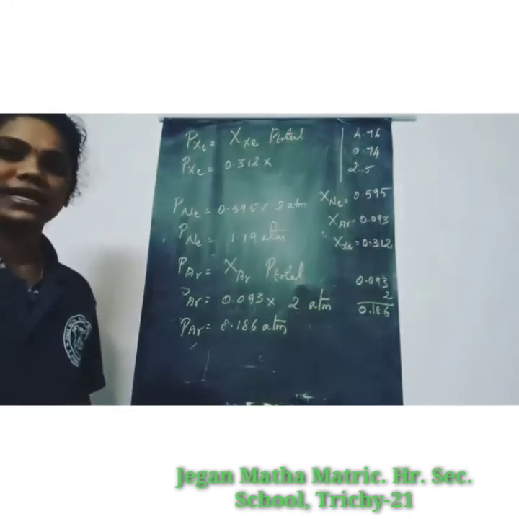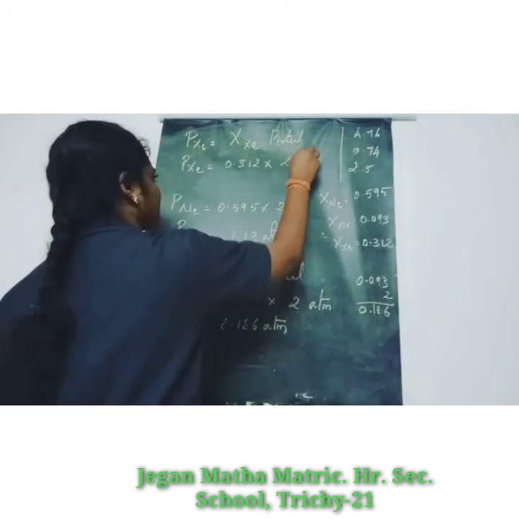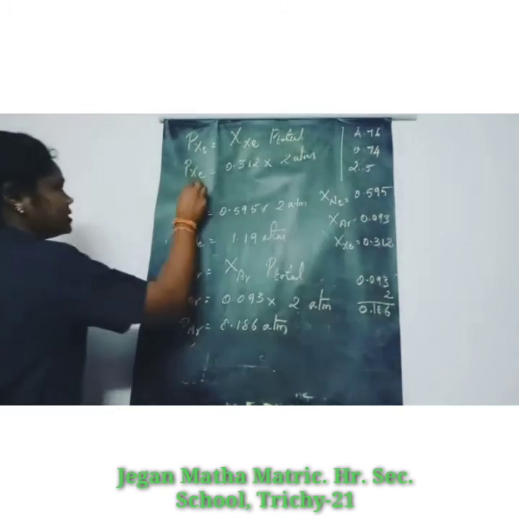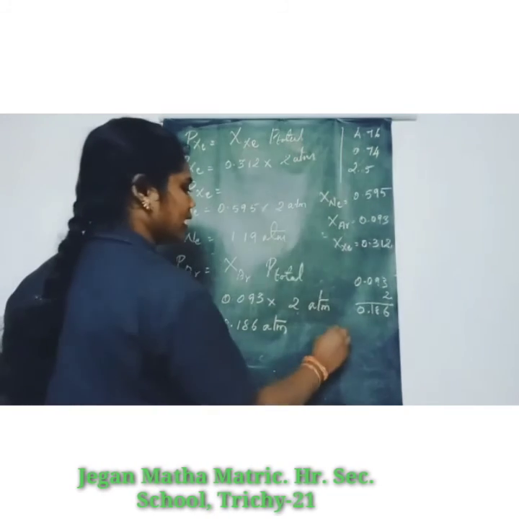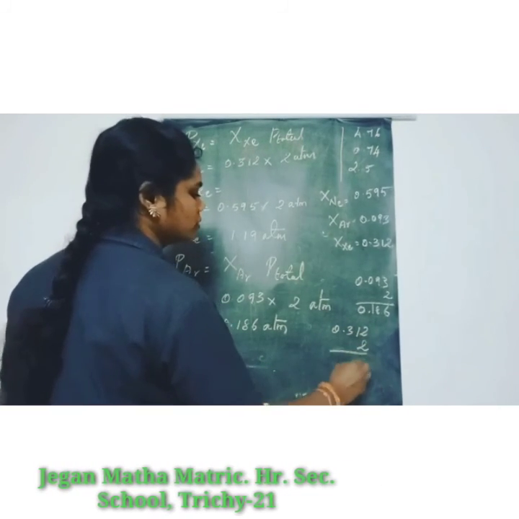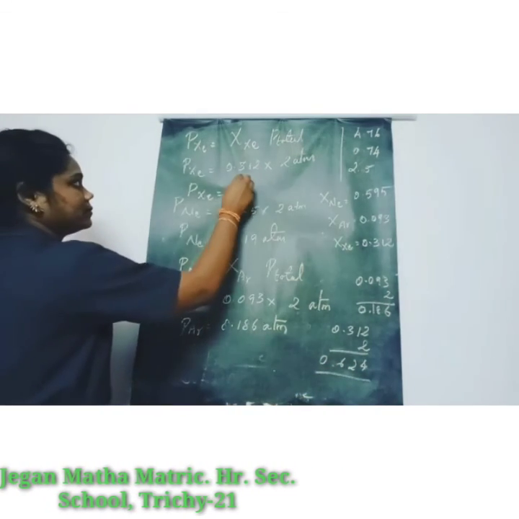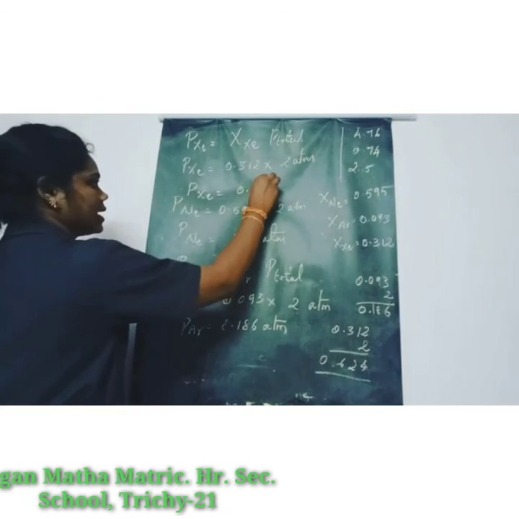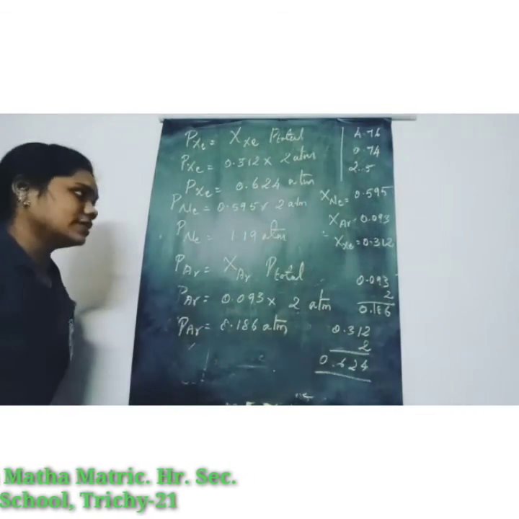So P total is 2 atmosphere. So the answer is P xenon is equal to 0.312 into 2 atmosphere. So 2 times 2 is 4, 2 times 3 is 6. So 0.624 atmosphere.